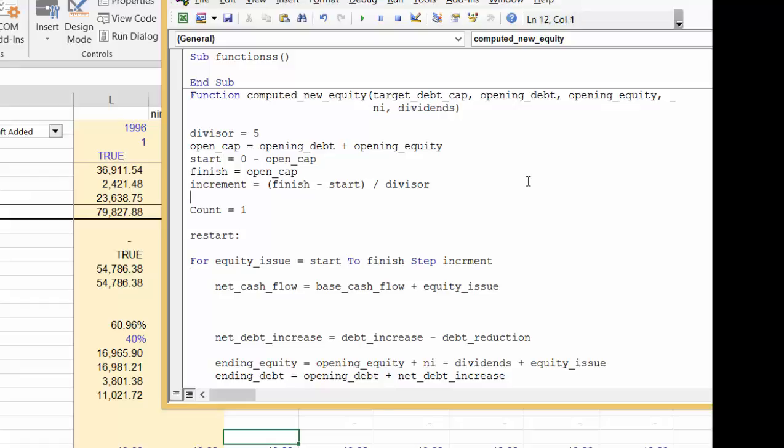Okay, and that means up here we need one more thing, which is to get the base cash flow.